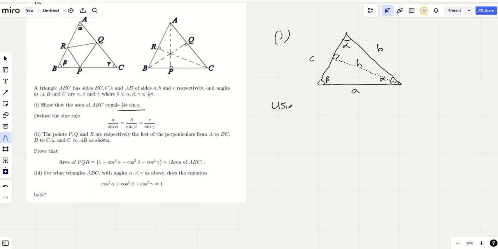And you might even want to write, using this diagram above, let the examiner know what you're doing. Communicate with the examiner with words. Using this diagram above and drawing the line, and let me put some points on here because I do need those, C, A and B, and we'll call this R, and using the line RC, which is perpendicular to AB.